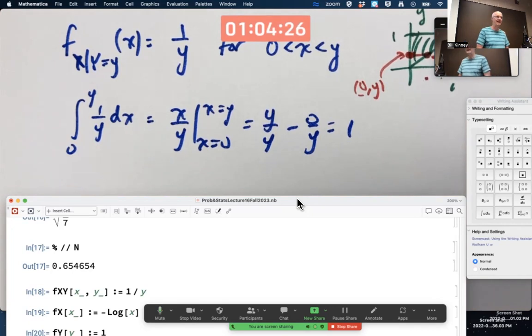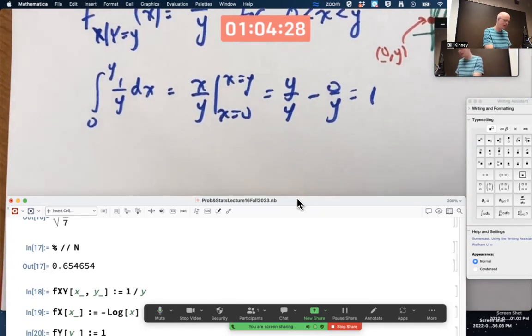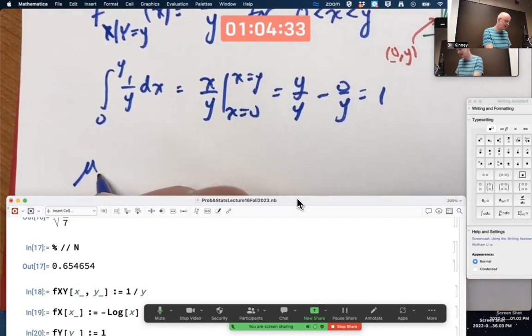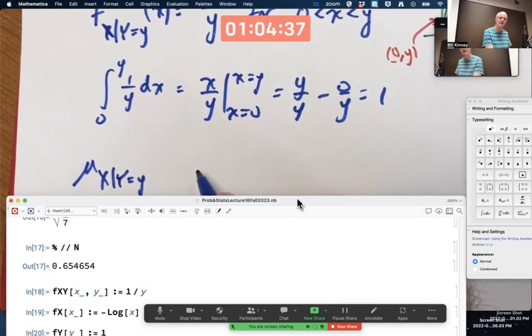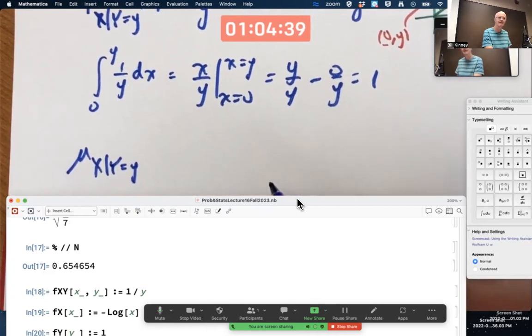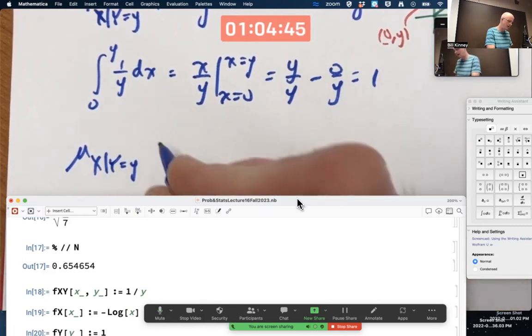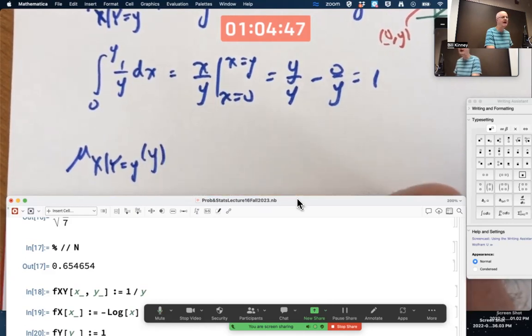What's its mean? Mu sub x given y equals little y. And in general, that mean is going to depend on y.